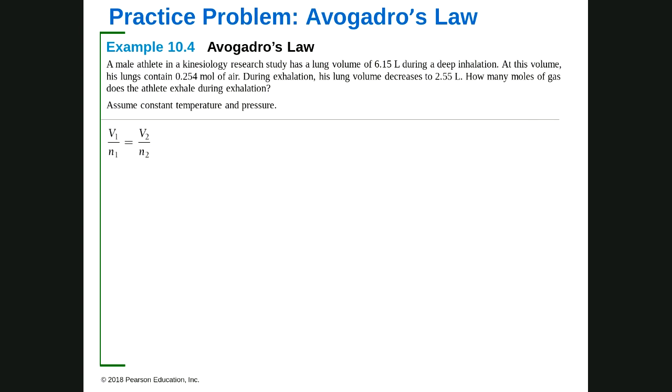So Avogadro's law, it says that we are looking for moles in this one. So a male athlete in a kinesiology research study has a lung volume of 6.15 liters. All right, so I see a volume and I'm going to write that down, 6.15 liters. During a deep inhalation.